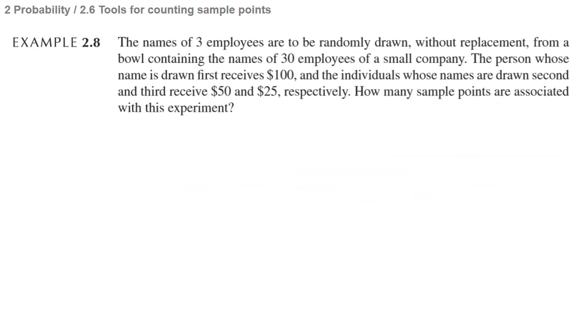Move on to example 2.8. The names of 3 employees are to be randomly drawn without replacement from a bowl containing the names of 30 employees of a small company.